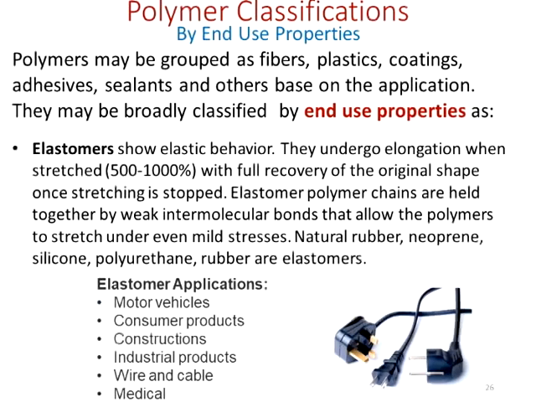Elastomers have great value in the marketplace because of their elastic properties. That elasticity can be as much as 500 or 1,000 times its original length or original shape, but it always snaps back. There are many applications for this in motor vehicles, consumer products, construction, industry, wire and cable, and medical.